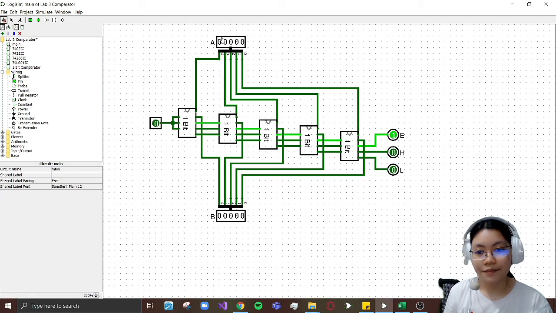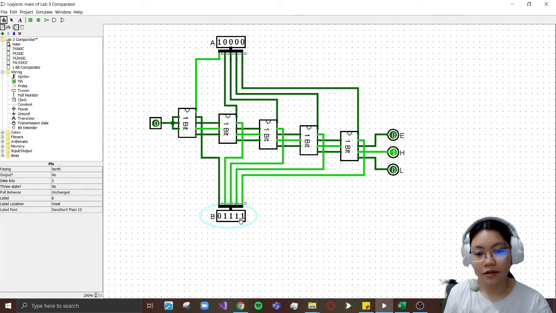So that means that whatever is the outcome of the most significant bit, it will be unaffected by the lower ones. As you can see, it is still a high signal even though I turned all of this on.